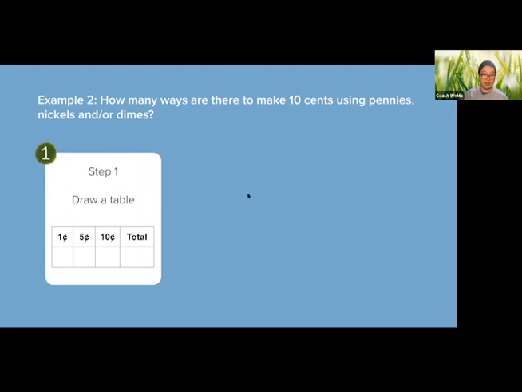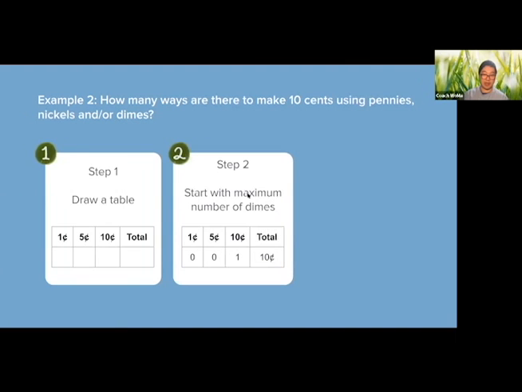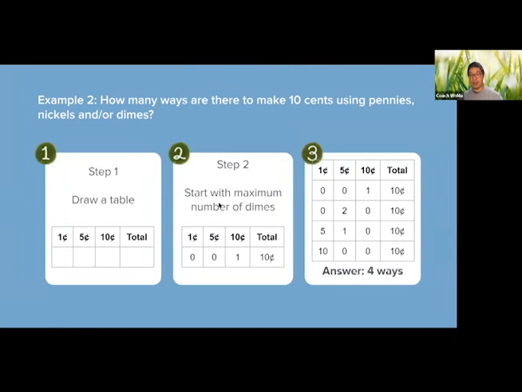And then for the next step, I would start with the biggest amount. So start with, say, the maximum number of dimes. And then from there, slowly go down to take as much of the big coins as possible. So 1 dime works. And then besides 1 dime, then maybe start using nickels.